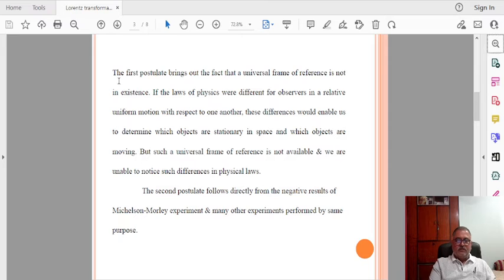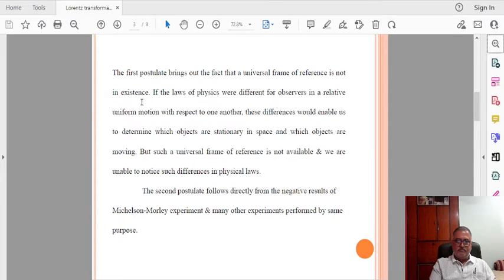In a described manner, the first postulate brings out the fact that the universal frame of reference is not in existence. See this statement.